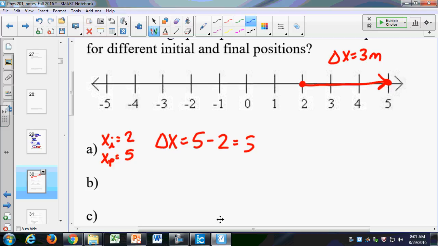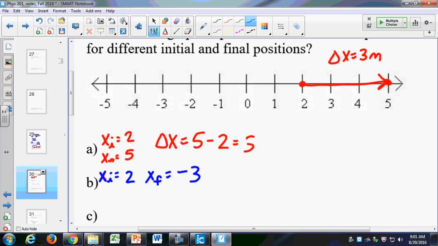All right, what if I have an x initial equal to 2 and an x final equal to -3? What then is my displacement?